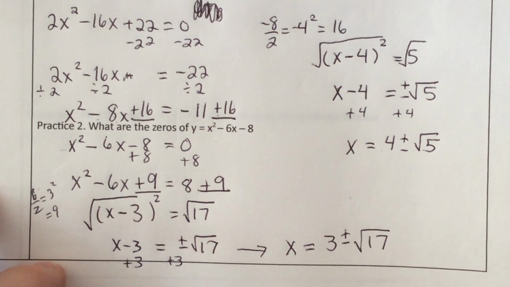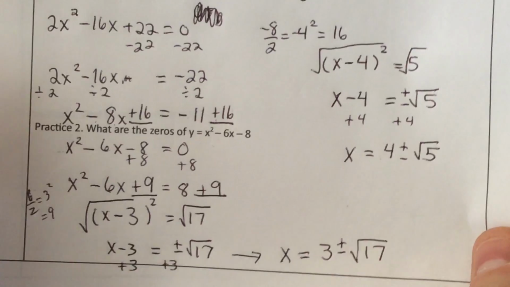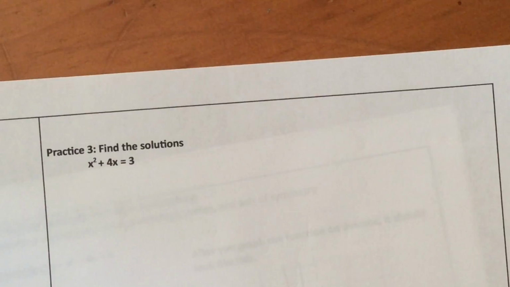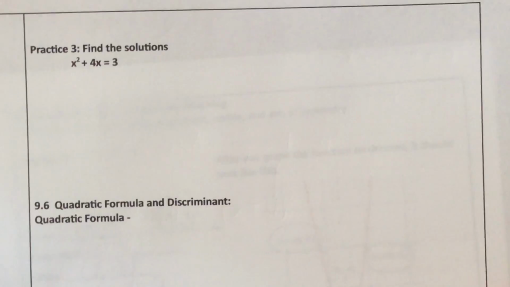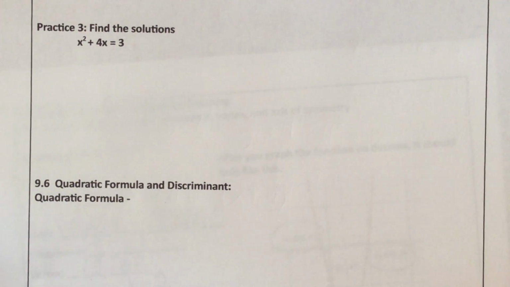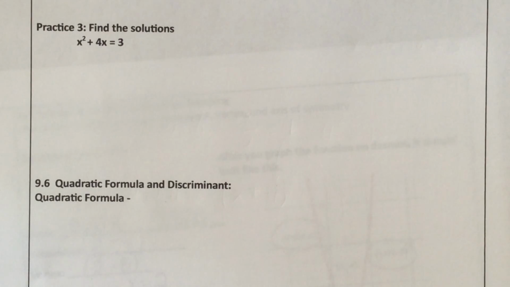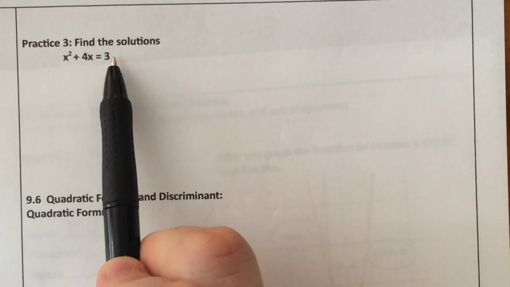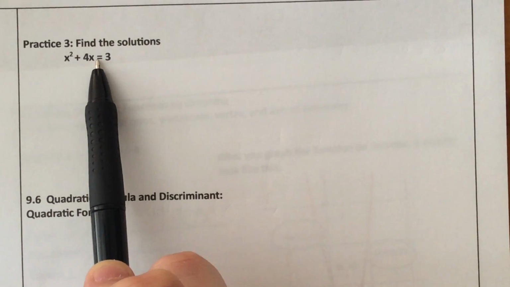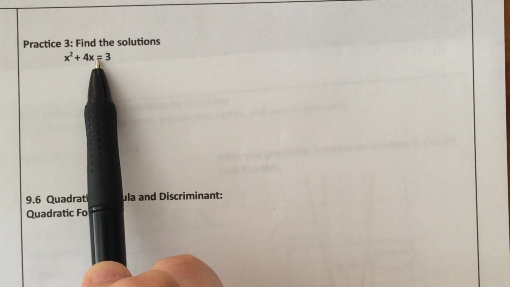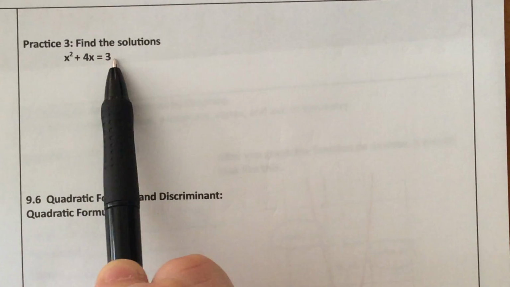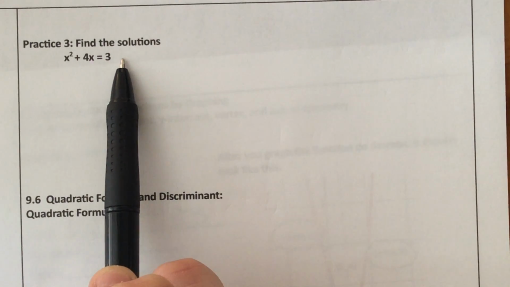Okay. All right, last example. So if you turn your page, we have find the solutions. X squared plus 4x equals 3. Now, you might be tempted to bring that 3 over, like what we'd have to do for factoring, but that 3 actually already needs to be on that side.